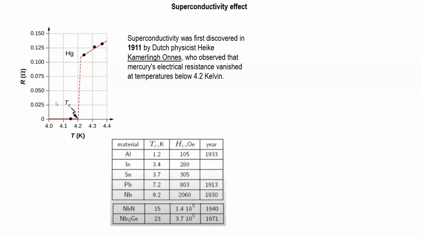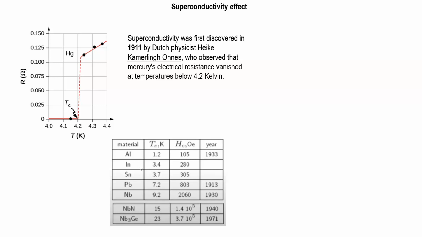And later people have discovered other elements with different transition temperatures, called critical temperature, of transition to the superconductivity effect. Okay, and mercury is not here, but aluminum is here.